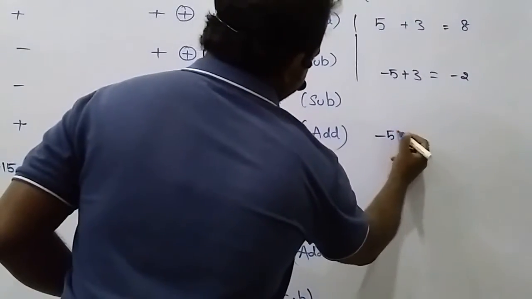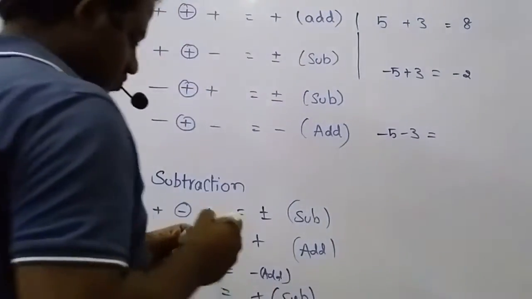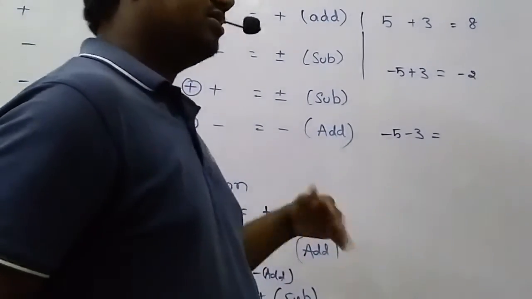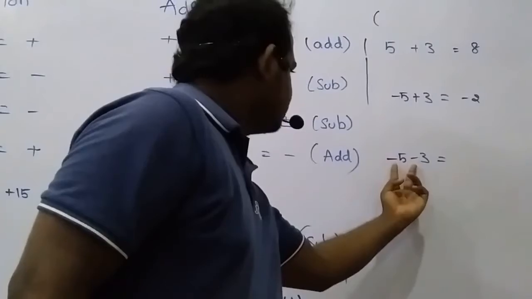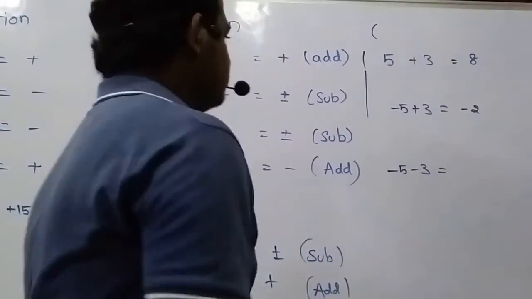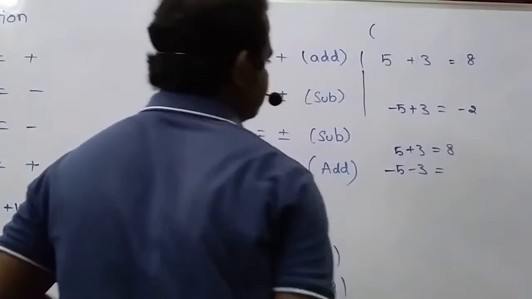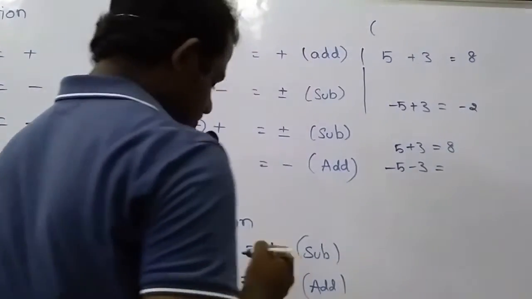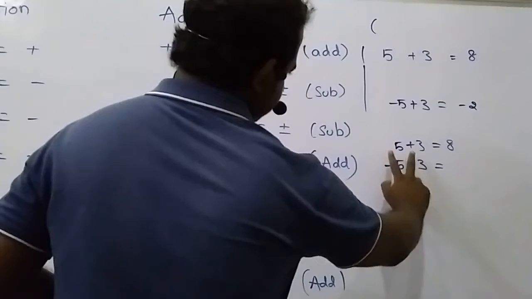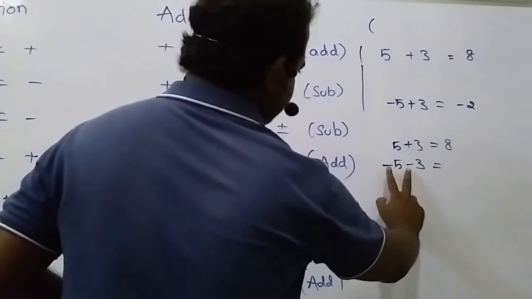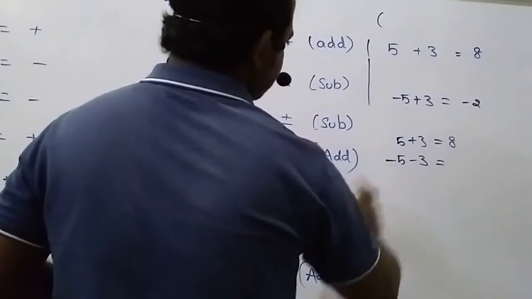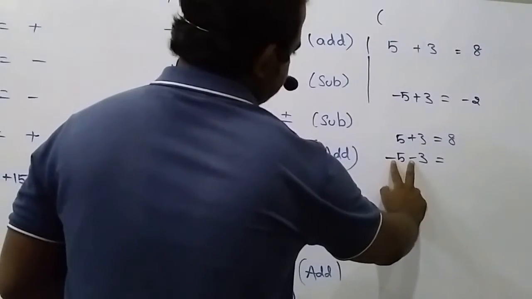What will you do in this case, when two numbers are involved in addition or subtraction and the two numbers have the same sign? If two numbers have the same sign, either both positive or both negative, then we will simply add the numbers. Here both signs are negative.